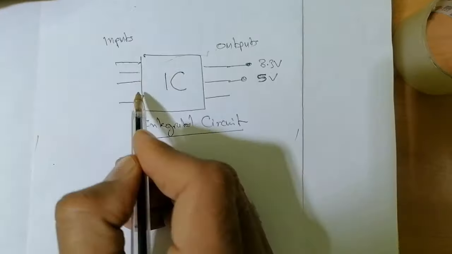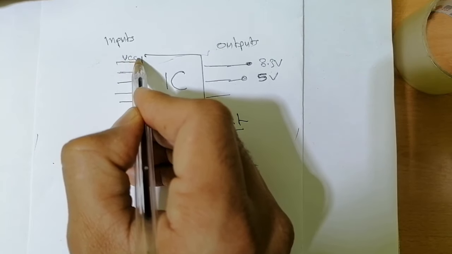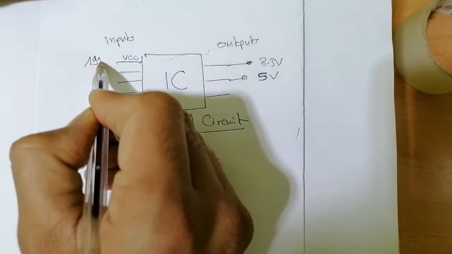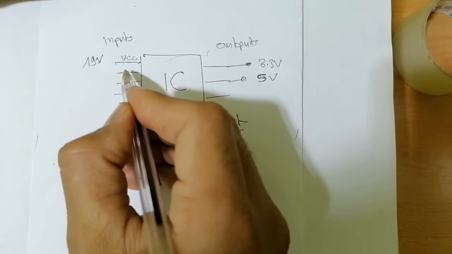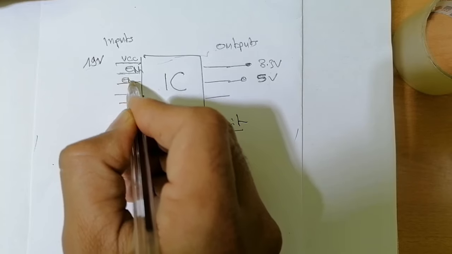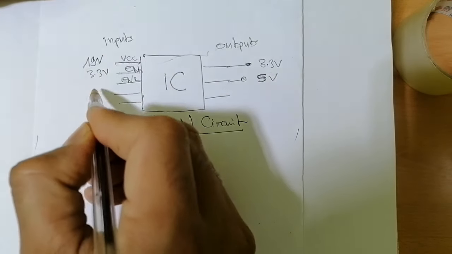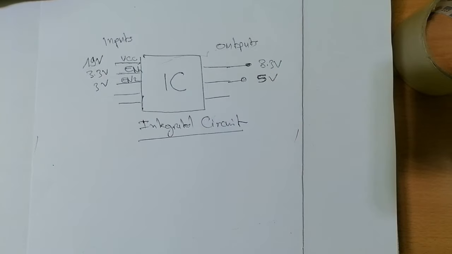But for inputs, it needs the VCC, 19 volts, for example. It needs also some enable signals, enable 1, enable 2, about 3.3 volts, 3 volts.